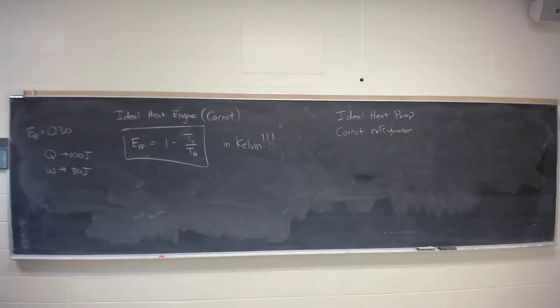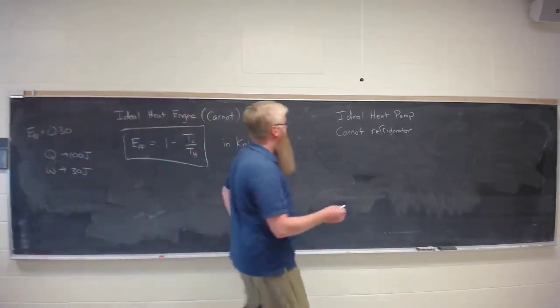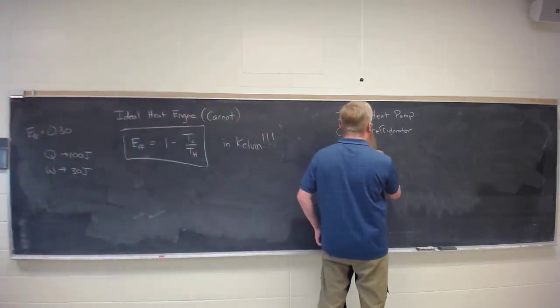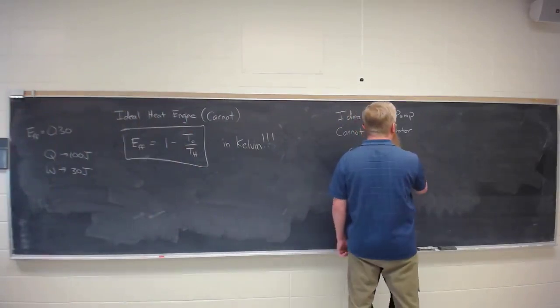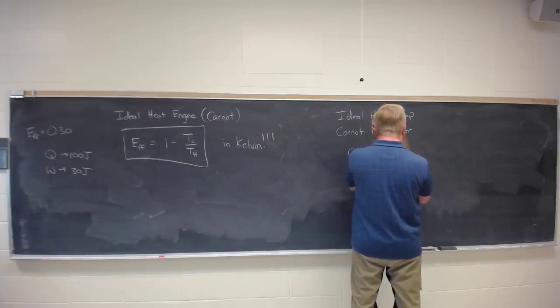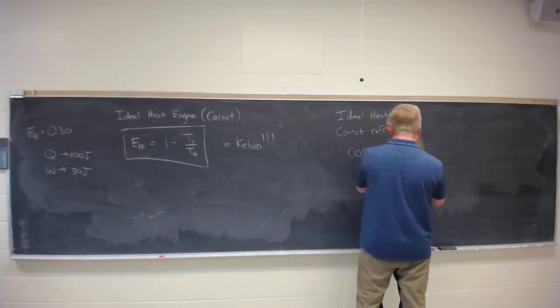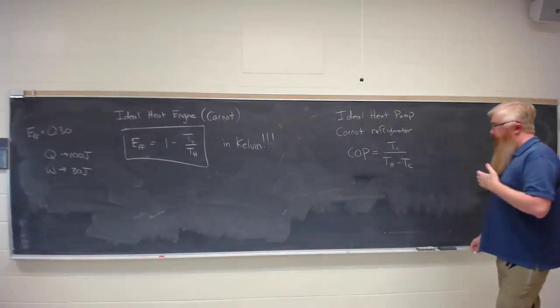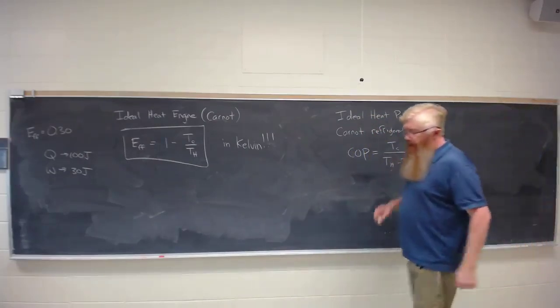Sorry, one second. I'm pretty sure the coefficient of performance was the temperature of the cold reservoir over the temperature hot minus temperature cold. I have to double check that.